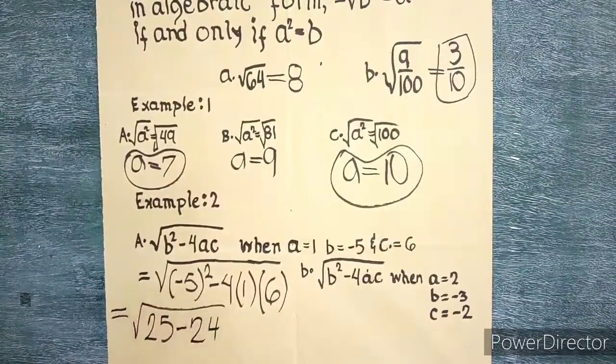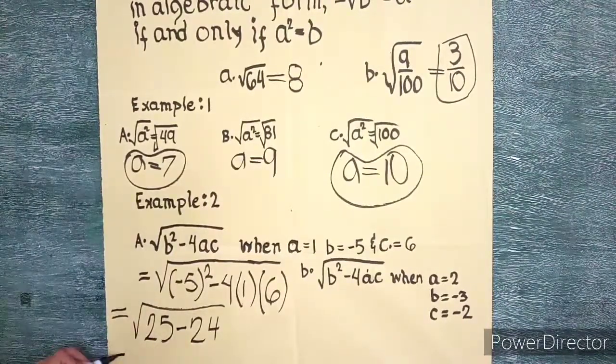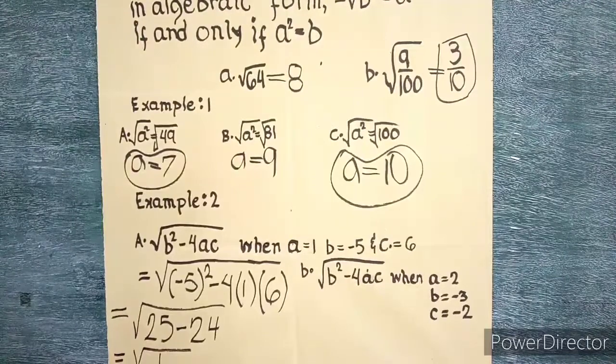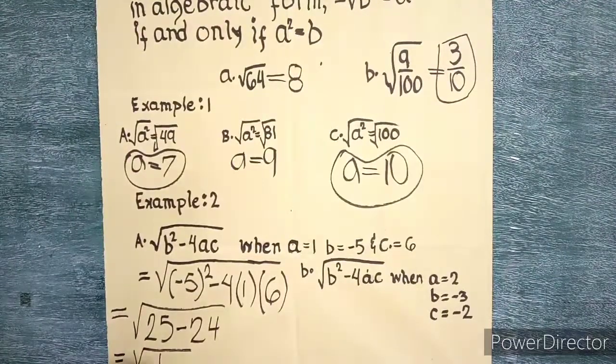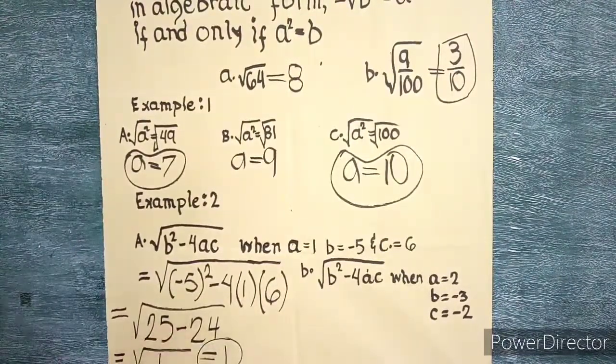So 24. Then you are going to subtract because the operation is subtraction, okay? It will become the square root of 1. Then what is the square root of 1? It is 1. So this is the final answer for that example.